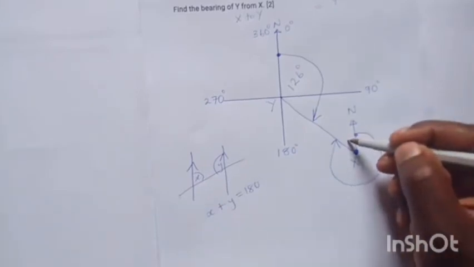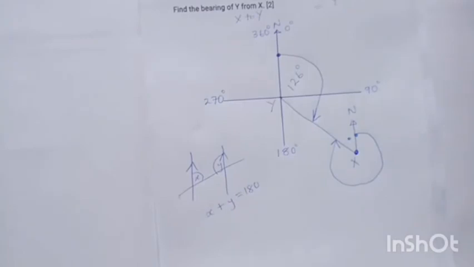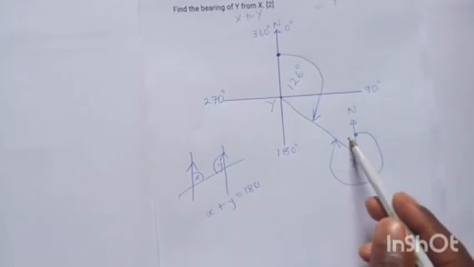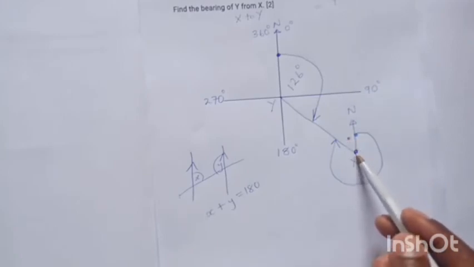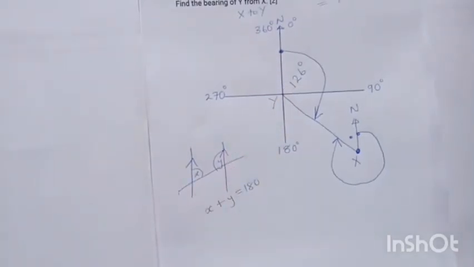So we want to apply this theorem to find the inner angle at point x, which would then lead us to the required bearing. Right. So the inner angle, or the interior angle at point x, is an allied angle with 126 degrees. They add up to 180.